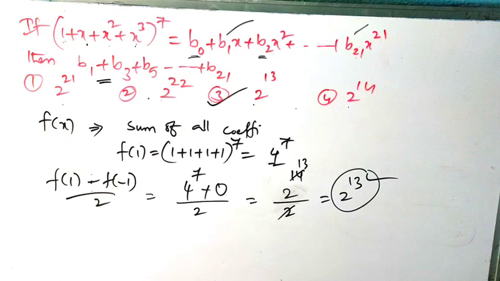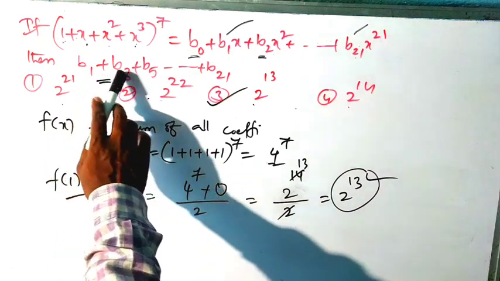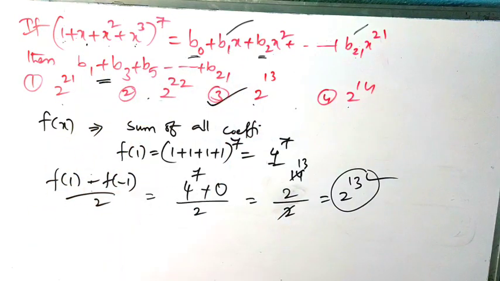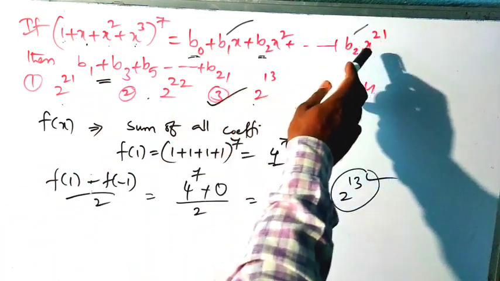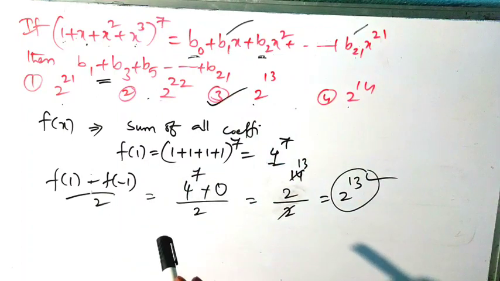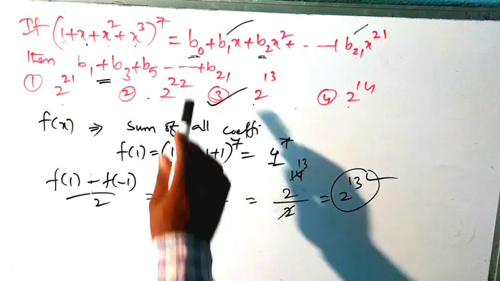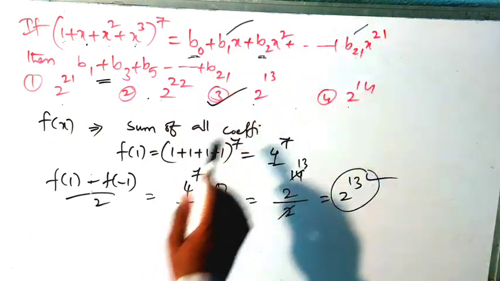Observe this. This is for finding even powers or odd powers. Here 1, 3, 5, up to 21 are odd powers. That's why we take minus. So b0 + b2 + and so on up to b20 are even powers, b0, b2, b4 and so on.